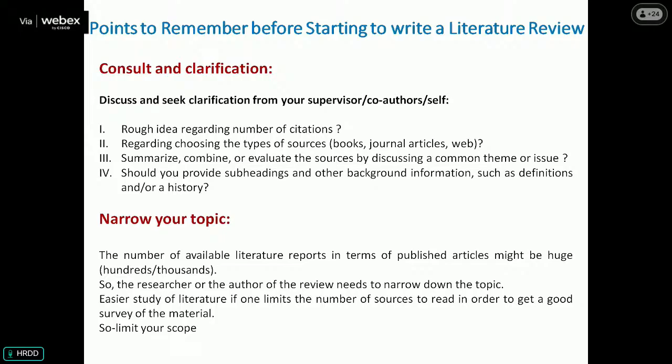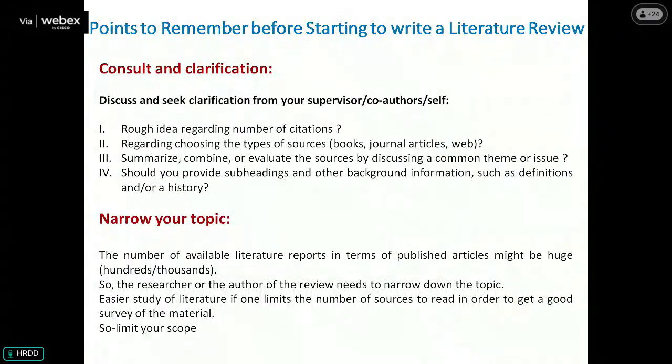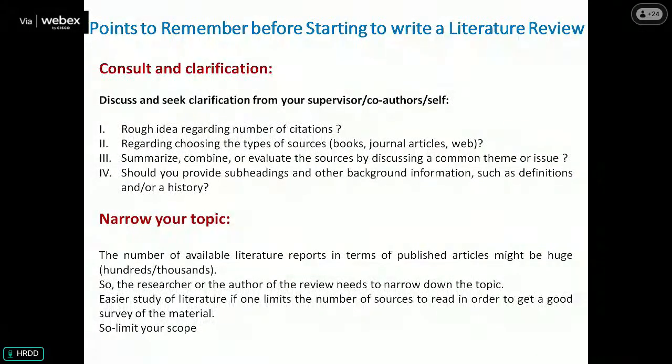Next, you have to decide on choosing the type of sources you will include. Some reports are very important. Suppose somebody is presenting in energy. In the energy area, there is the International Energy Agency. Have you heard? Every year they present the energy scenario of the world.